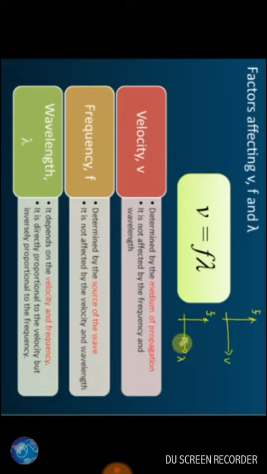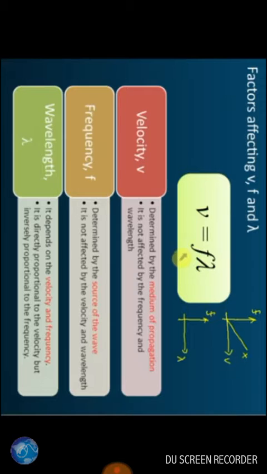A lot of students see from the formula that the frequency is here and the V is here. So it looks like they are directly proportional, which means if the velocity increases, the frequency will increase. So they will choose a graph like this, and this is not correct.